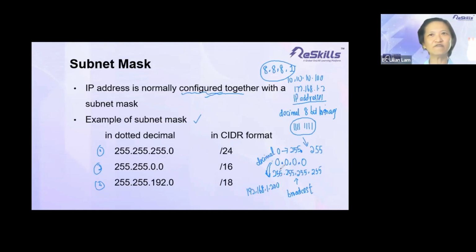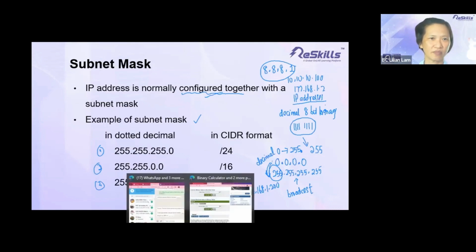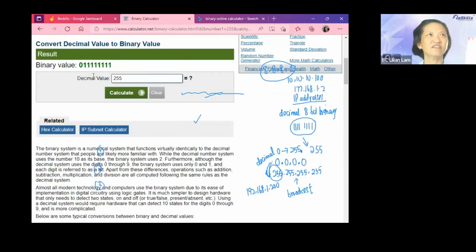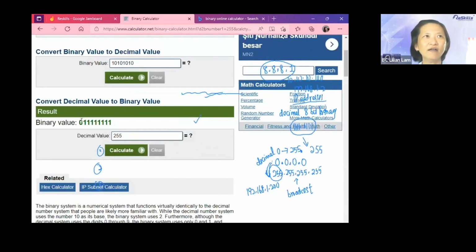Now, if we convert 255 to binary, I just showed you an example on the calculator. 255 to binary is all ones, all 8 bits one.